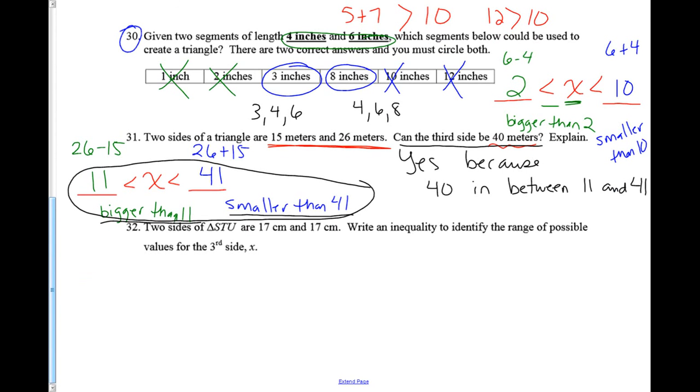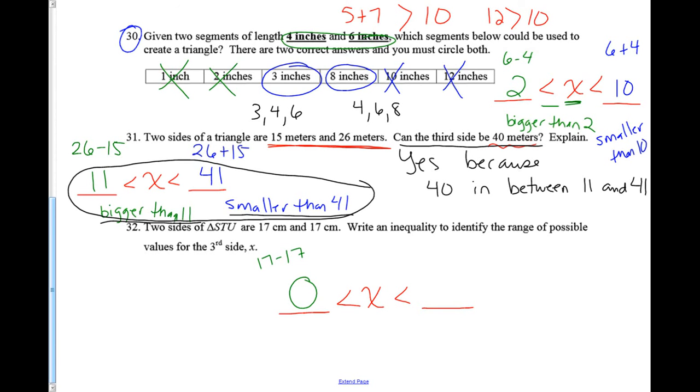Number 32, we have two sides of a triangle are 17 and 17. Write an inequality to identify the range of possible values for the third side, x. So we have this situation going on again. So starting with the first value, I would subtract the 17 minus 17 and get a 0. Now, this is actually okay.